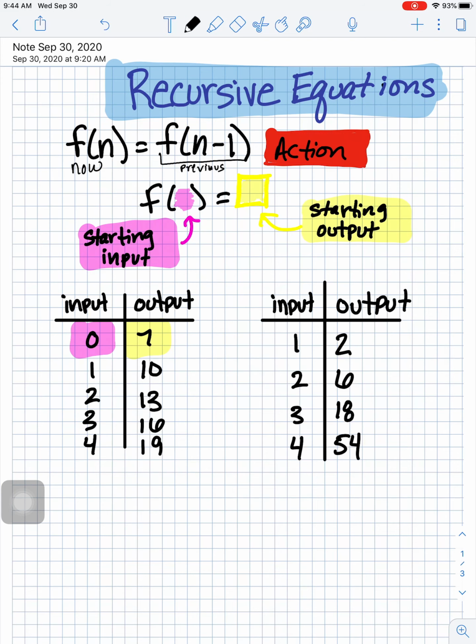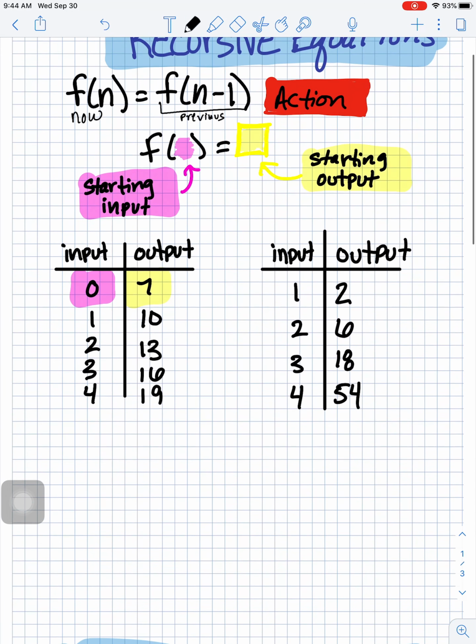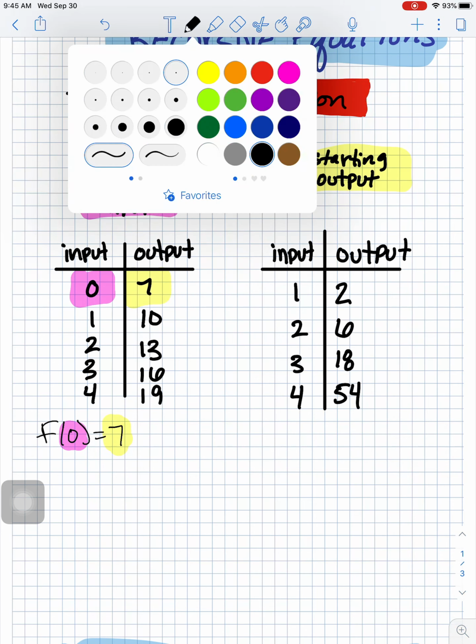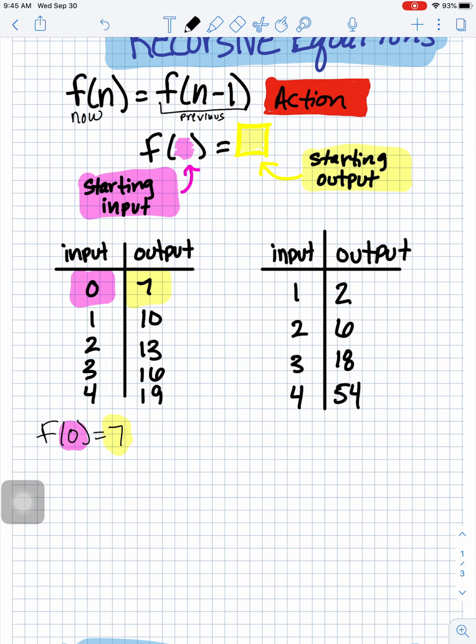So I'm going to put those numbers in my formula to say, for this pattern, f of 0 equals 7. 7 was my starting output, 0 was my starting input. That's the first part of your recursive equation. It's just telling the person reading it where your table starts. So at 0, it's 7.